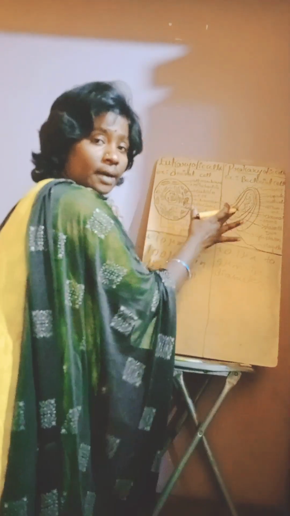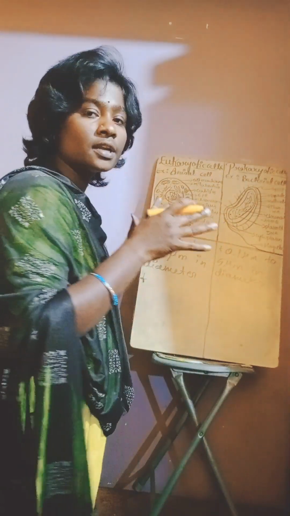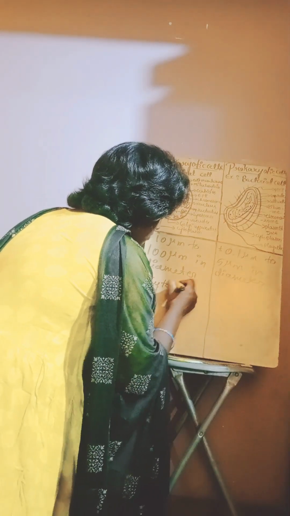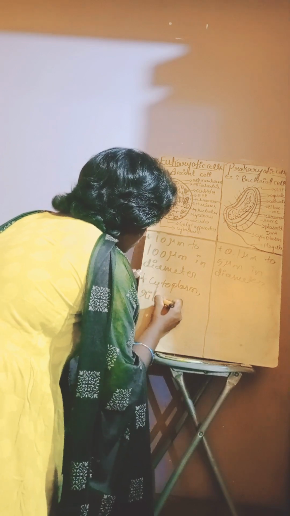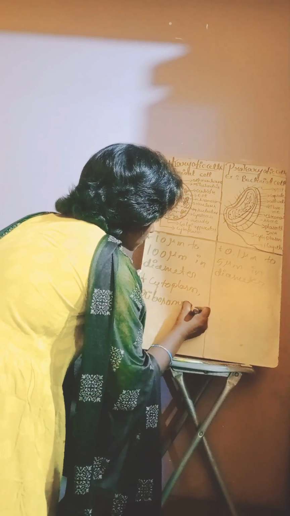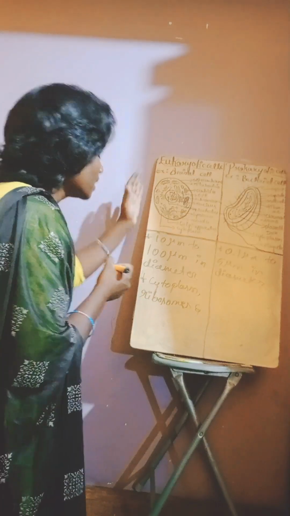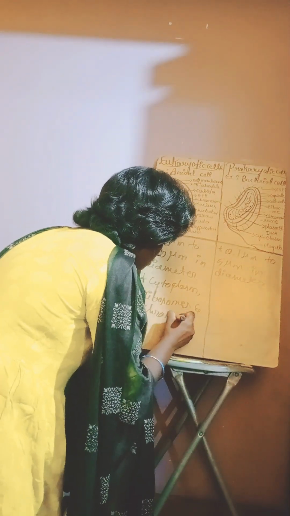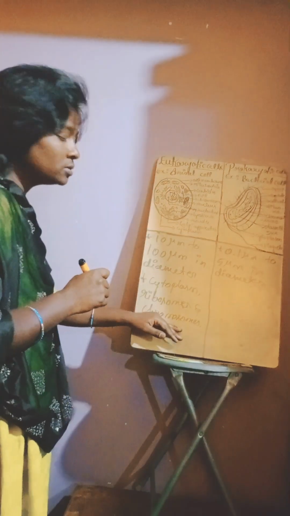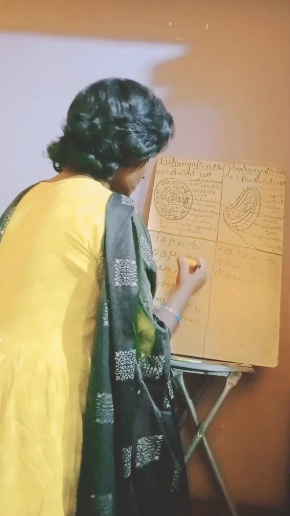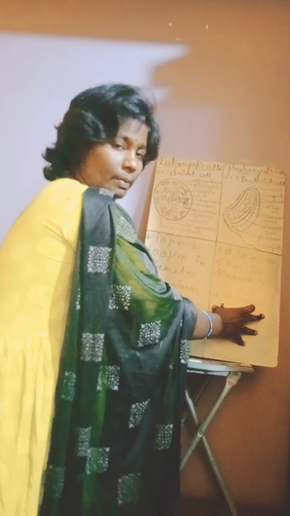And the common cell parts present in both types of cells are cytoplasm, ribosomes, and one more is chromosomes. These are the common cell parts present in both types of cells. Okay.